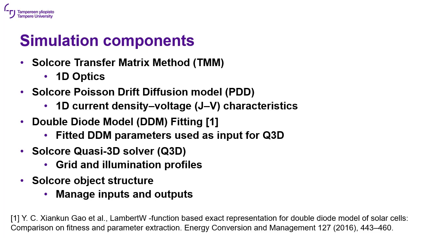The fitting parameters were then used in Solcore's Quasi-3D solver, which takes into account the effects of front contact metallization and illumination profiles. We also utilized Solcore's object-oriented structuring to manage the inputs and outputs of the simulation.